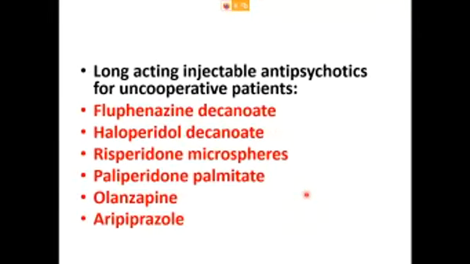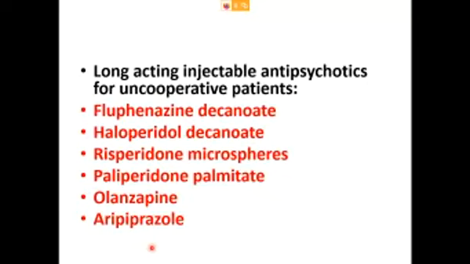And what are the long-acting injectable antipsychotics? For those who don't take drugs by mouth, long-acting injectable antipsychotics have been prepared. We can give a monthly dose, once a month, because of their long half-life. We have fluphenazine decanoate, haloperidol decanoate, risperidone microspheres, paliperidone palmitate, and recently olanzapine and aripiprazole also.